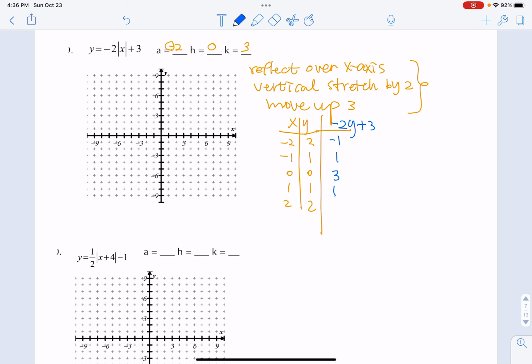And -2 times 2 is -4 plus 3 will be -1. So the 0, 0 becomes 0, 3. So 0, 3 is the new vertex, and then -1, 1, and then -2 with -1. So the graph goes like that.